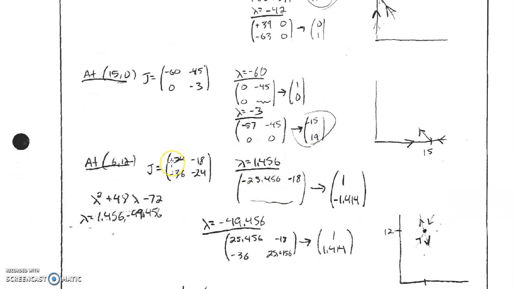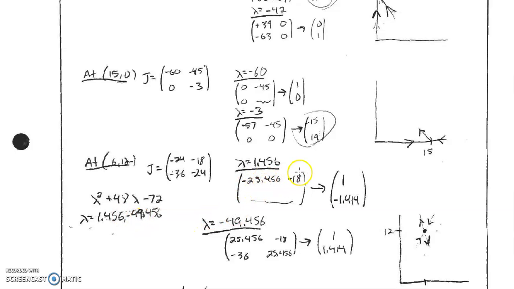With this one, talk about shorthanded things. 6, 12. Do my eigenvalues. I think I probably graphed this or used the quadratic formula.